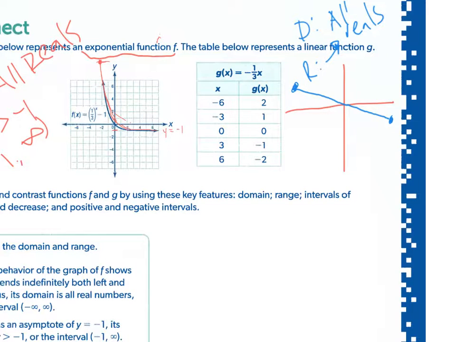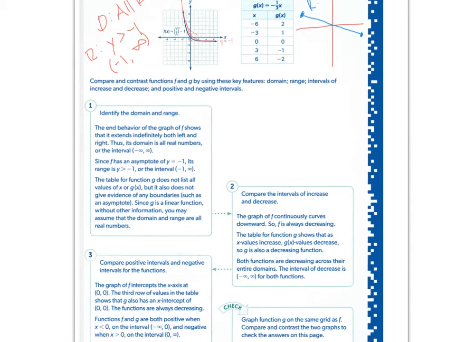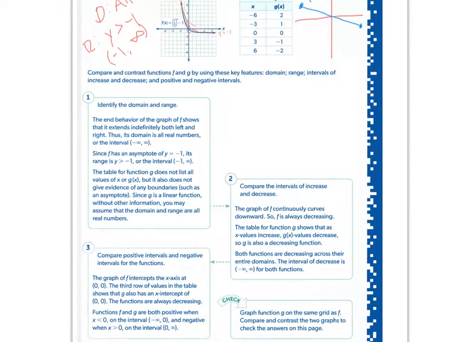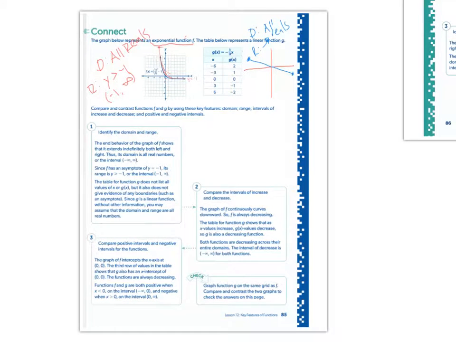Reading left to right and thinking about y values, it takes this downward shape. This is negative slope, so this one's decreasing as well throughout the entire function. Okay, so I think we've answered everything that it wants to know.